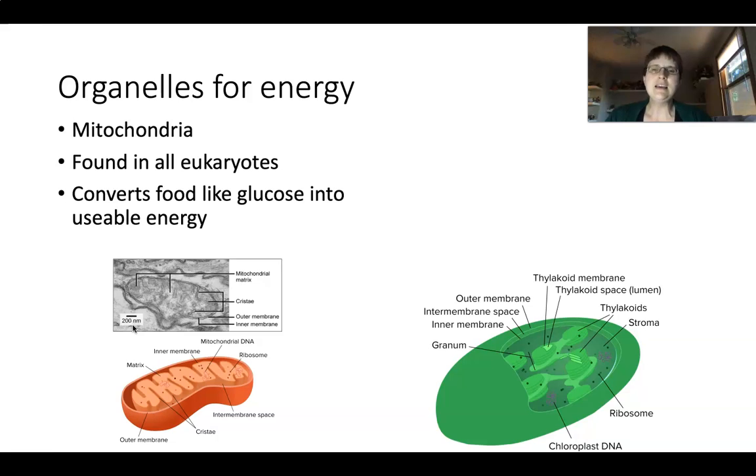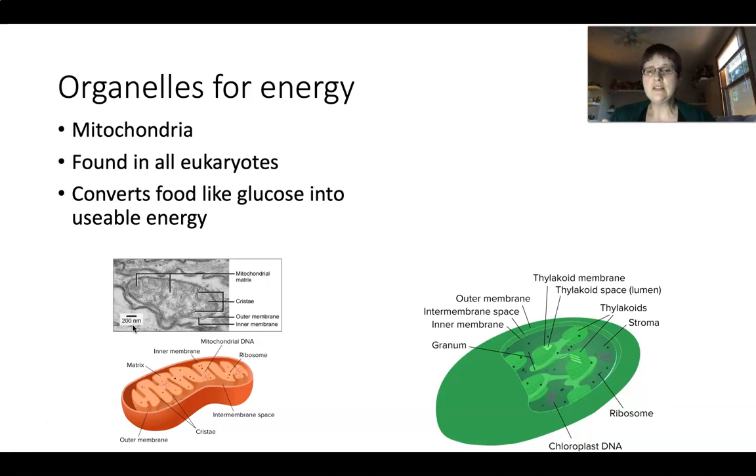But I like to think of the mitochondria more like a generator or a car engine, because that's really what's going on here. You're going to feed it fuel, glucose in this case, and it's going to turn it into energy to make you work.